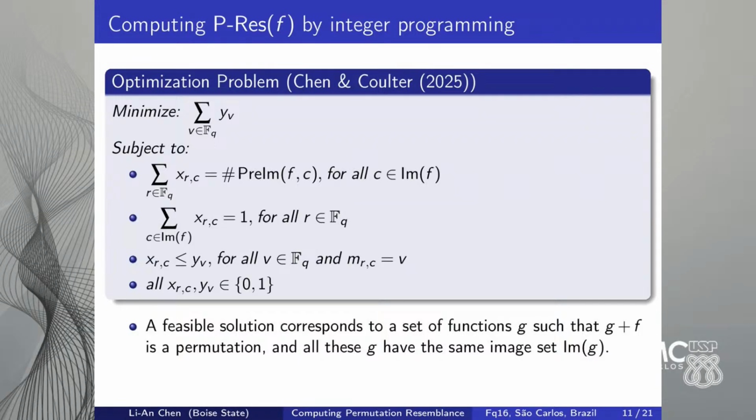An optimal solution, meaning it is feasible and also minimizes this objective, has the minimum image size of g, which translates to this sum of y variables.